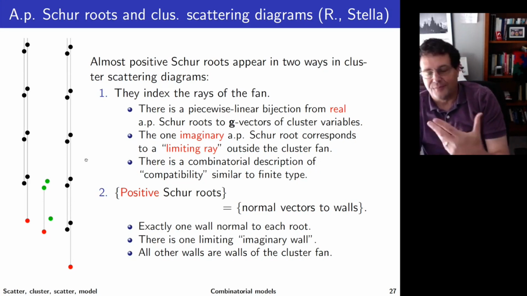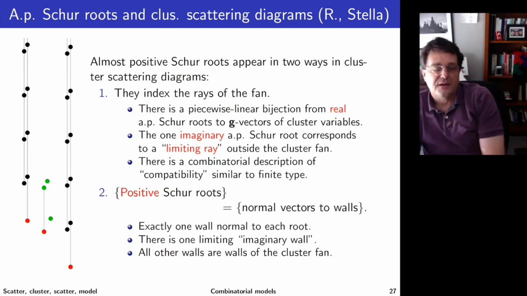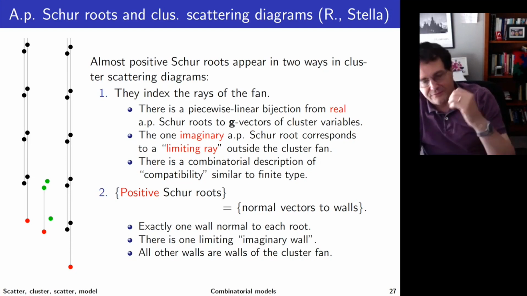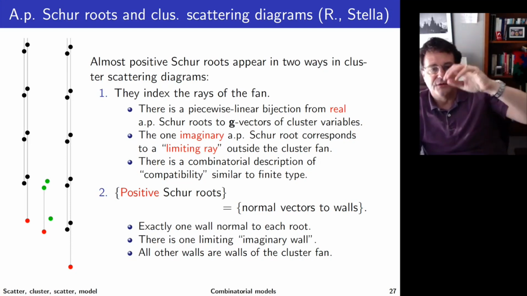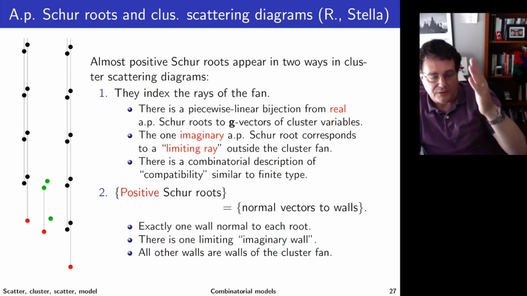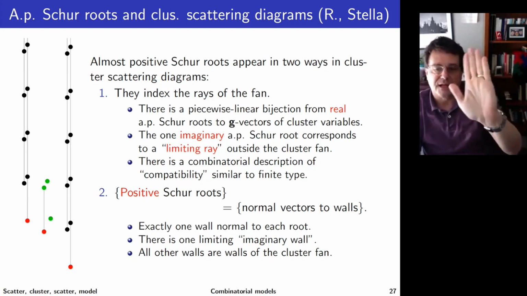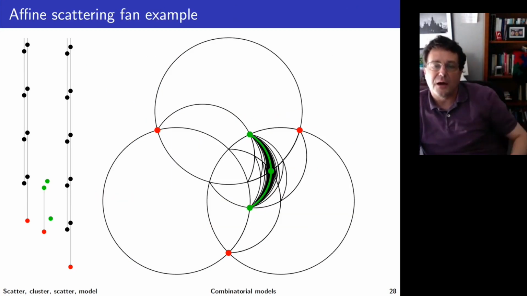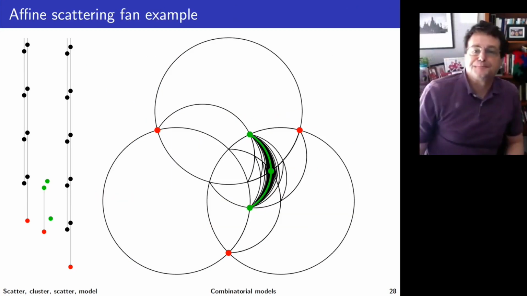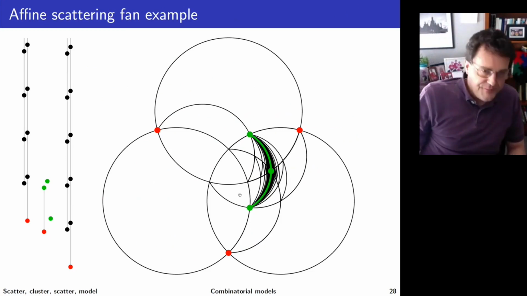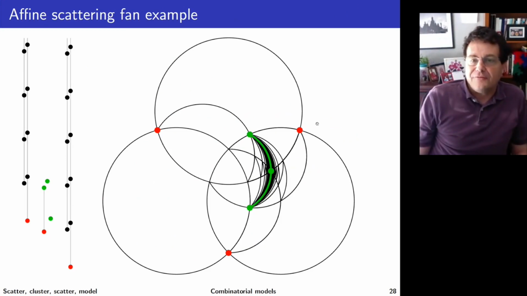And the thing that I won't have time to say much about is that, starting with these almost positive Schur roots, you can give descriptions of the walls by giving linear inequalities that tell us it's the part of this hyperplane satisfying these linear inequalities. Let me just go out on the picture. So this is a rank 3 affine case.